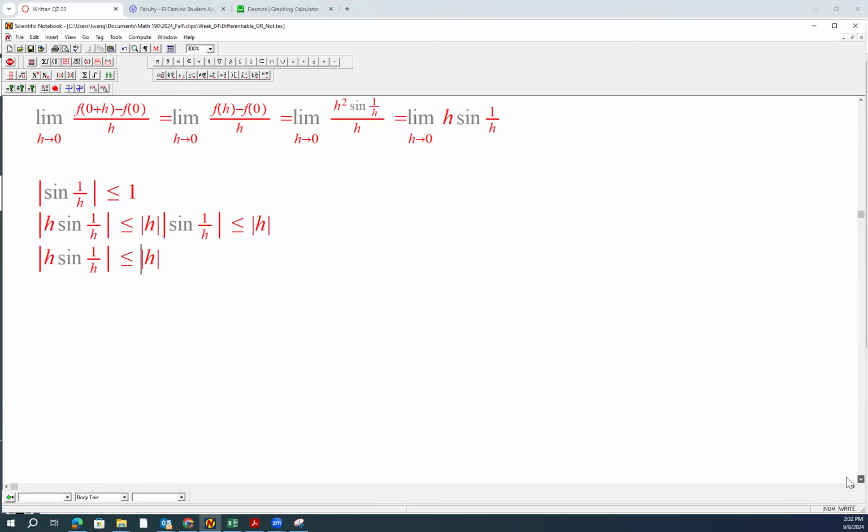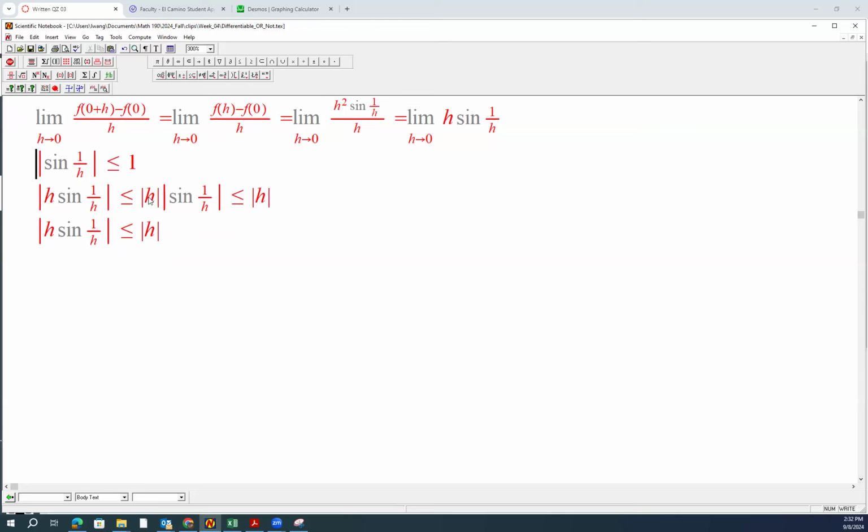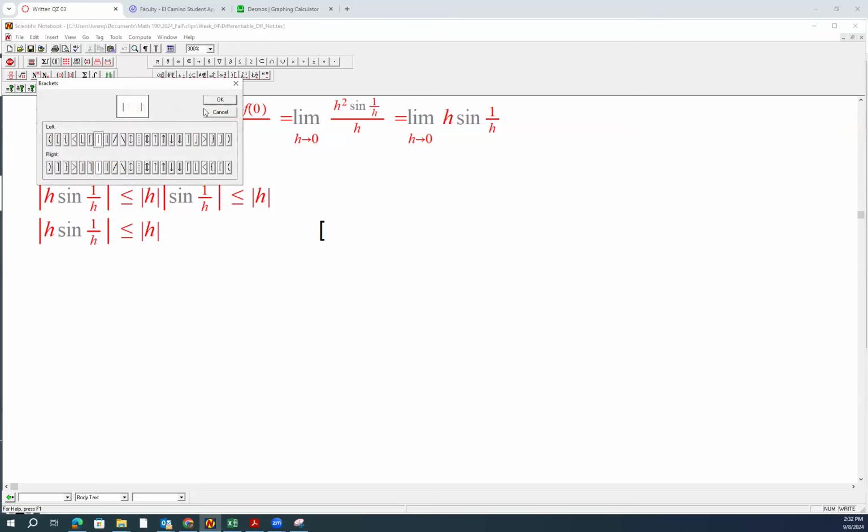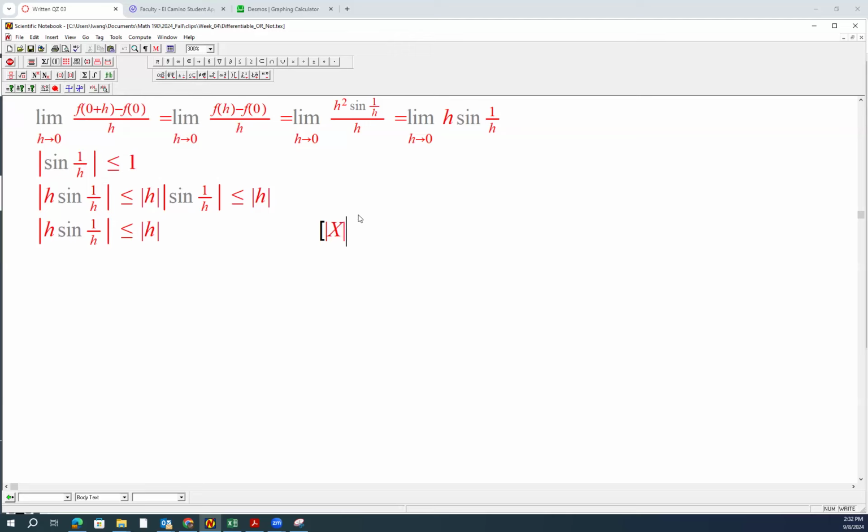And from here, if we recall, there's a model in algebra: we have the absolute value of something less than or equal to a number, say 3, and this is equivalent to x being between -3 and +3. So this is what we learn in algebra.